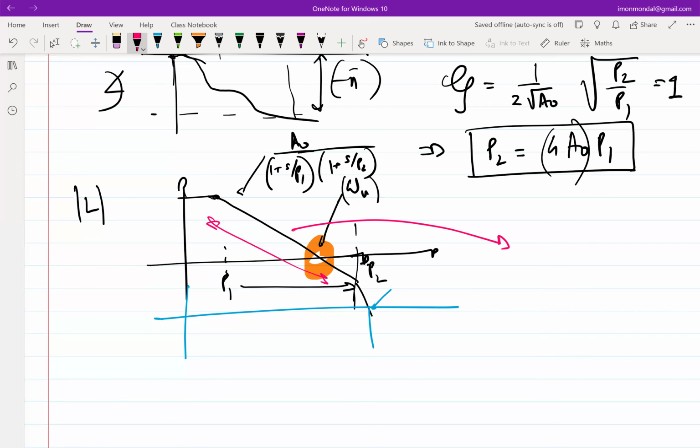So how can I approximate the loop gain expression? It is A naught by 1 plus S by P1 times 1 plus 0, right? Because we are talking about frequency points lower than P2. So I can basically knock this off, and I can even knock this off too, so this is also not required.